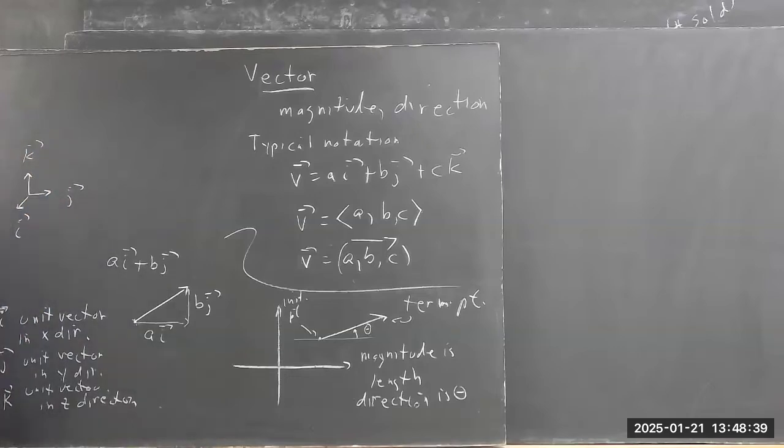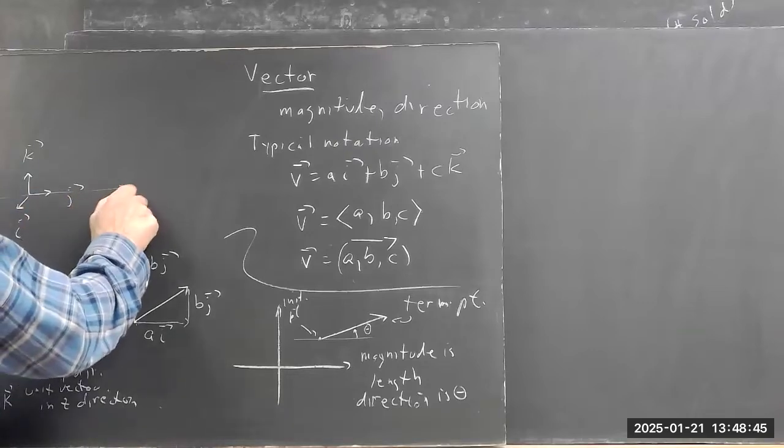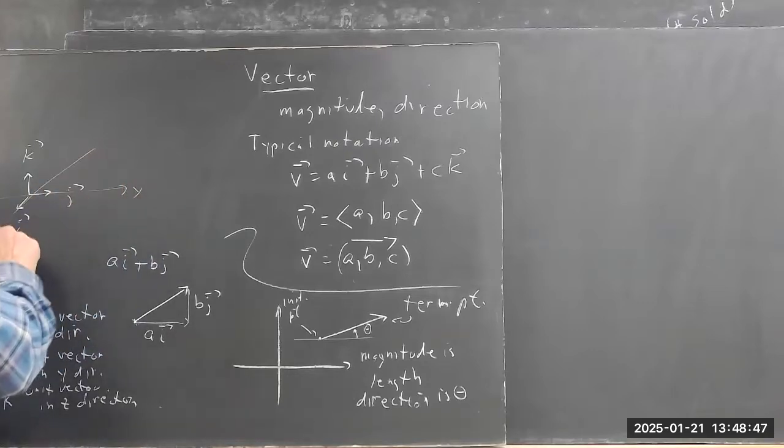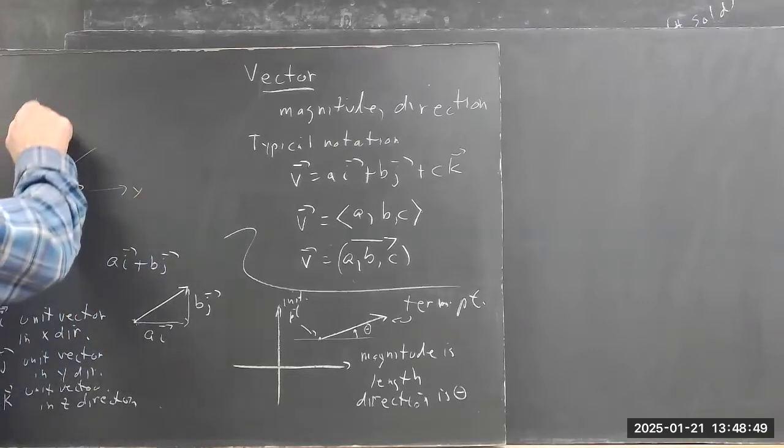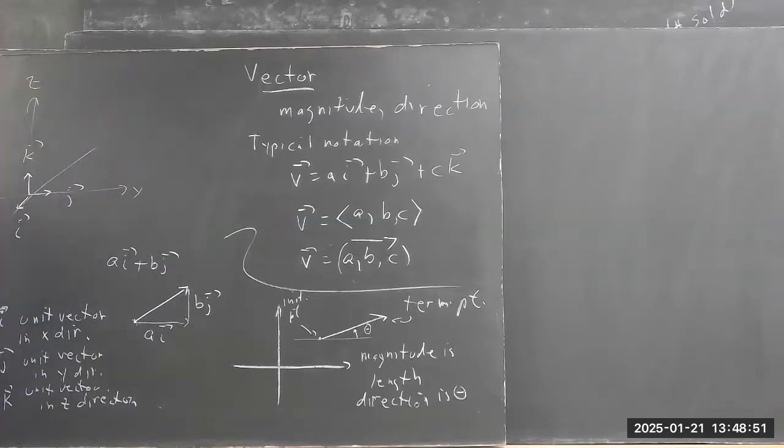There's a picture of your i, j, and k vectors. And of course, implicitly then, this is your y-axis, this is your x-axis, and this is your z-axis. Okay.